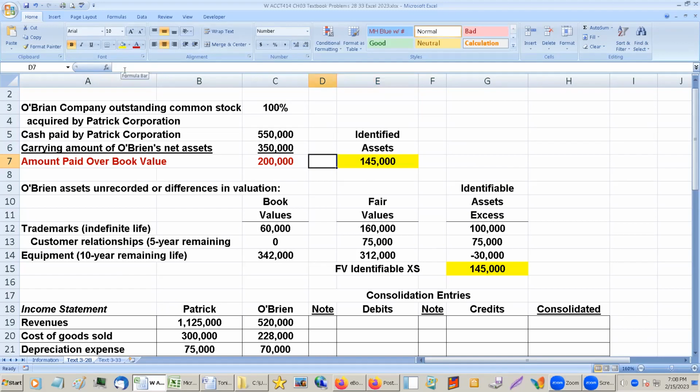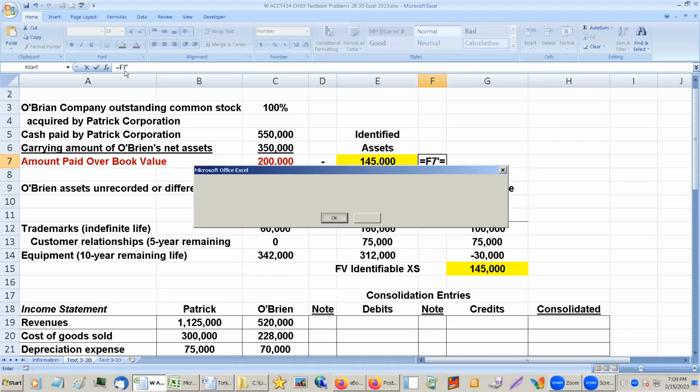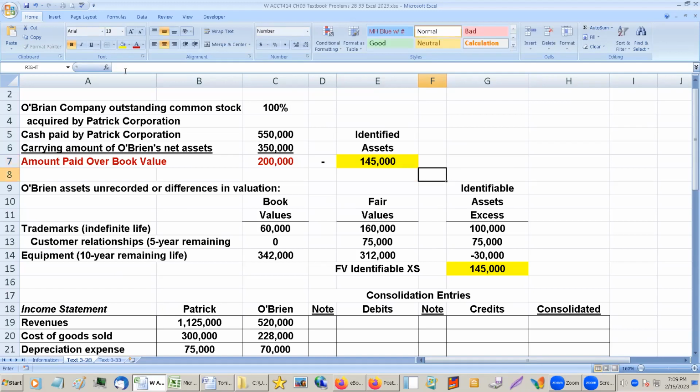So we're going to subtract that, and that will equal our unidentified assets or goodwill.